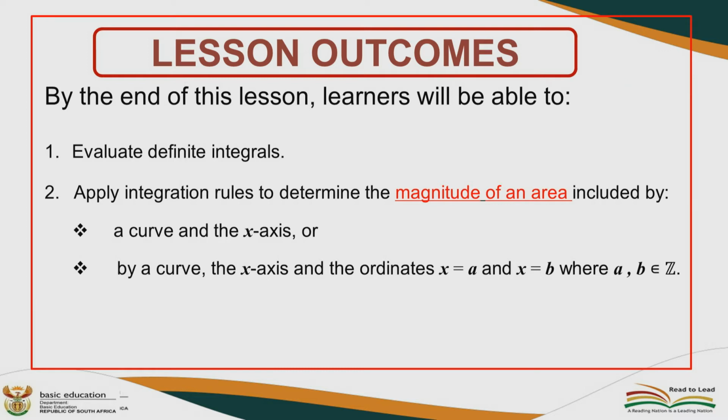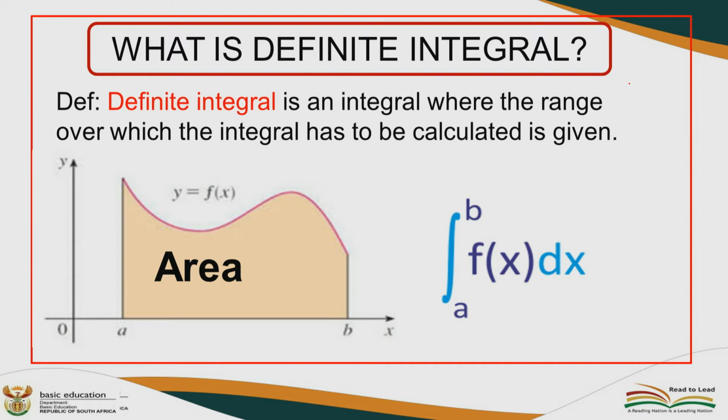Secondly, we shall be looking at the application of the rules to determine the magnitude or the size of an area, where this area can be either enclosed by the curve and the x-axis, or it is between the curve, the x-axis, and the ordinates, which are x equals a and x equals b, where our values of a and b are elements of integers. Those are our outcomes for this lesson.